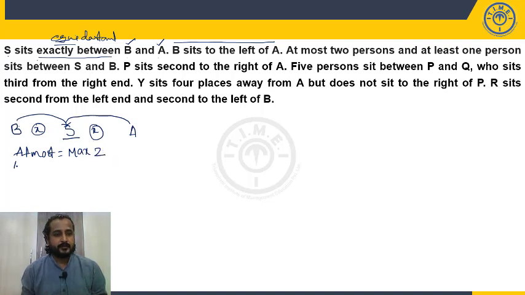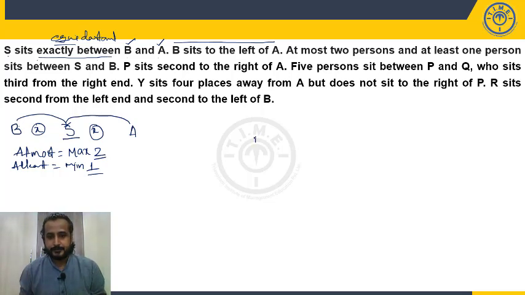At least 1 means minimum 1. So minimum 1 and maximum 2 people will be there between B and S. If it is 1 person, I need to take 1 gap between B and S. If it is 2 persons, I should take 2 gaps between B and S. So how many arrangements do we have? 2 arrangements. Let me draw the 2 arrangements.